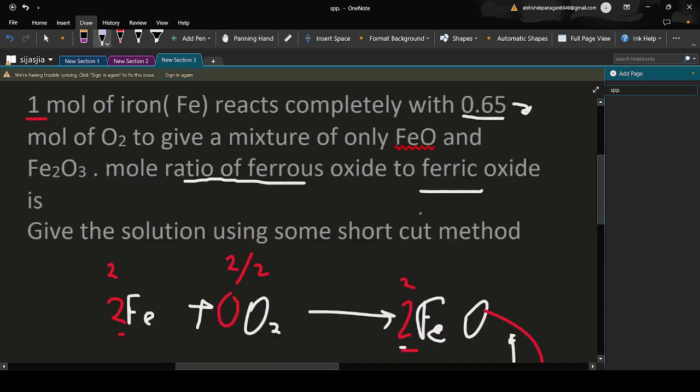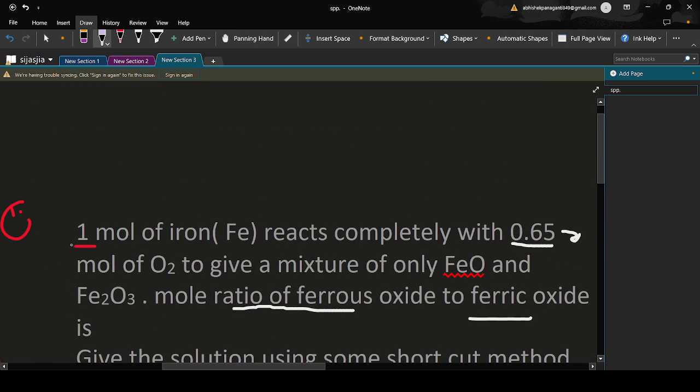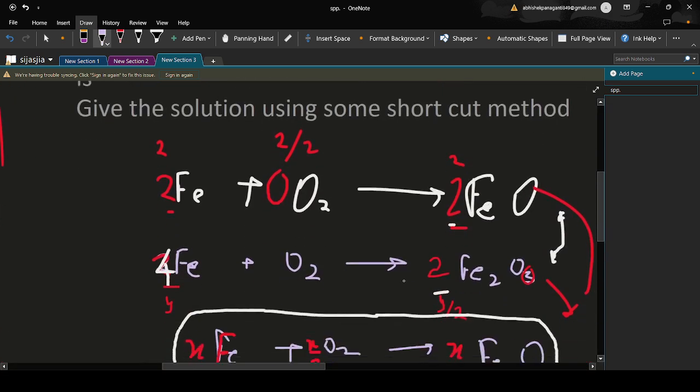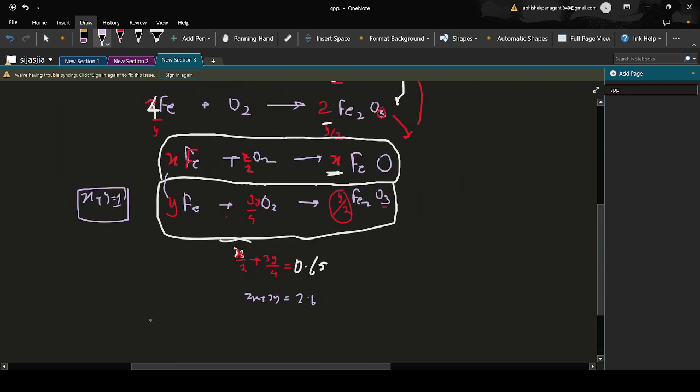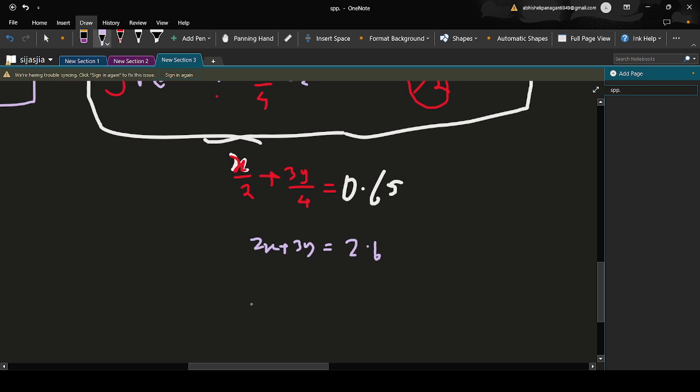And in the question, if we get back to this, 1 mole of iron reacts with 0.65 moles. So if we interpret, x plus y is how much? 1. Because the question meant 1 mole of this. That's how crucial it is to study the question again.